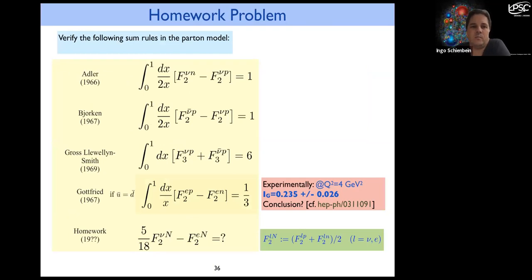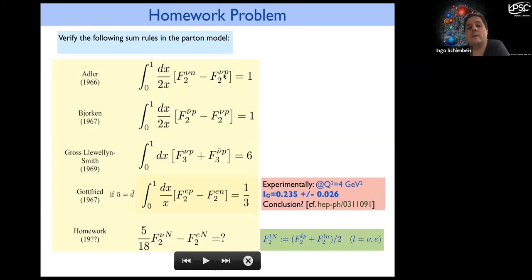And then the structure functions satisfy some rules which have been established often before the parton model, but they can be verified easily in the context of the parton model. So there's the Adler sum rule, that's the integral of F2 neutrino neutron minus F2 neutrino proton over 2x.